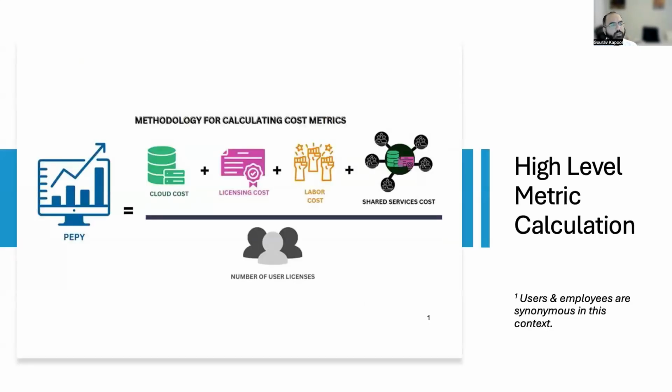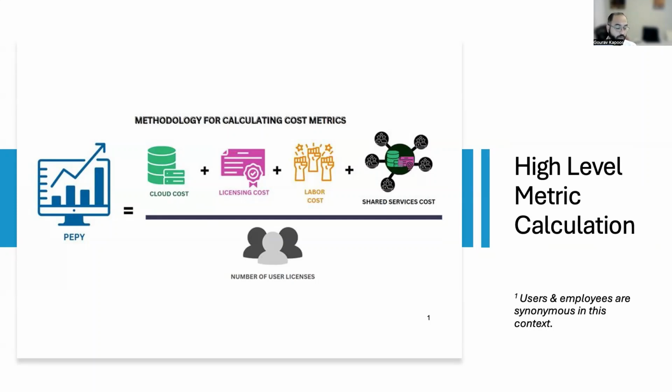Now, how do we calculate PEPY? This is a very high-level calculation. In the case of PEPY, you take the cloud cost, which is your cloud provider's cost. You take some sort of licensing cost, which many of us who use the cloud will be paying, for either databases or operating systems. Then there is the labor cost, which is your people cost for those supporting this infrastructure or these products, and then we have some shared services costs.